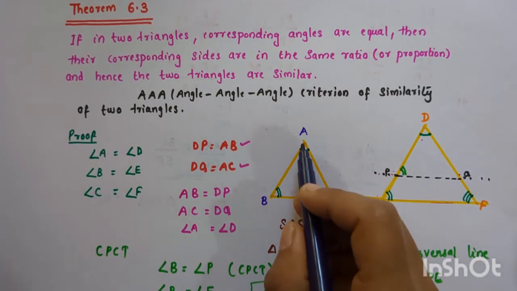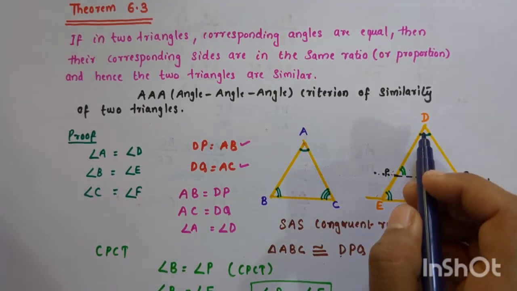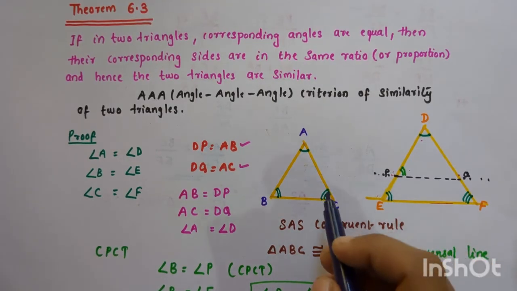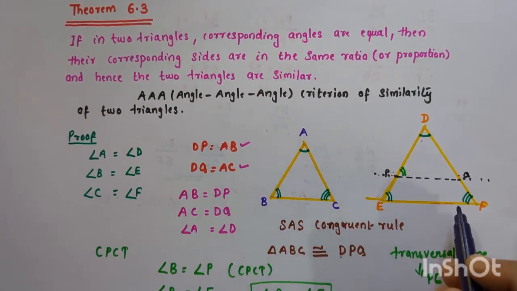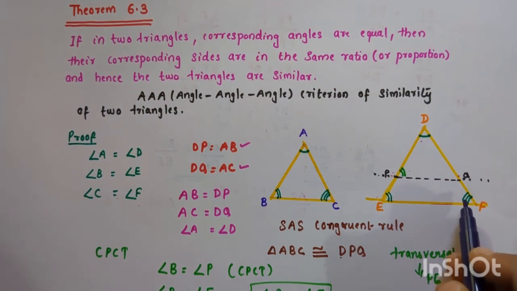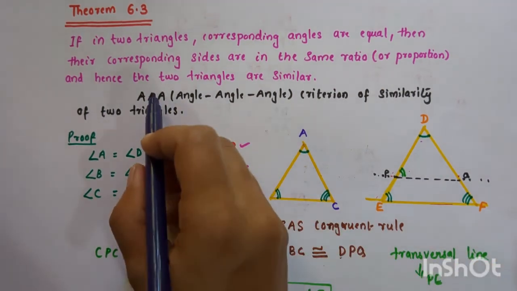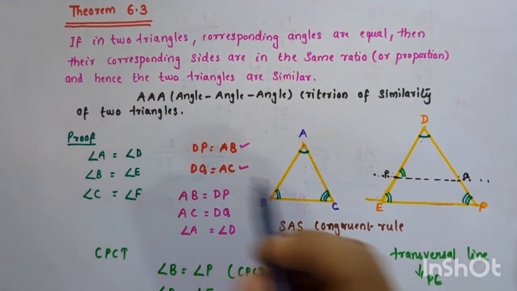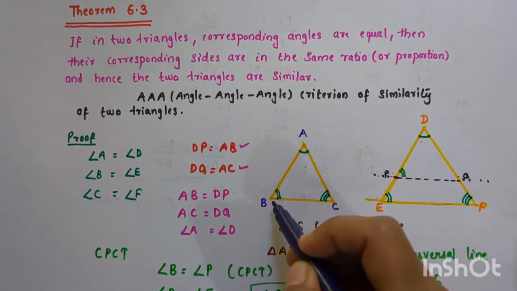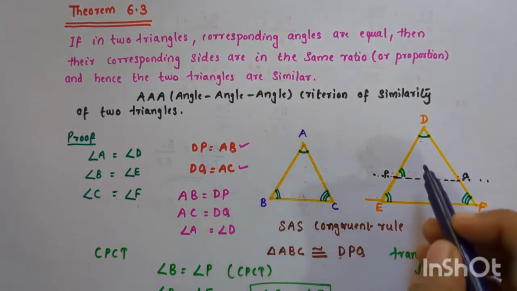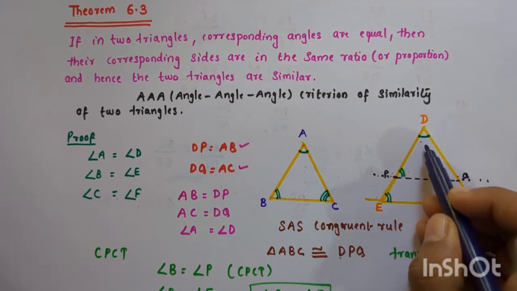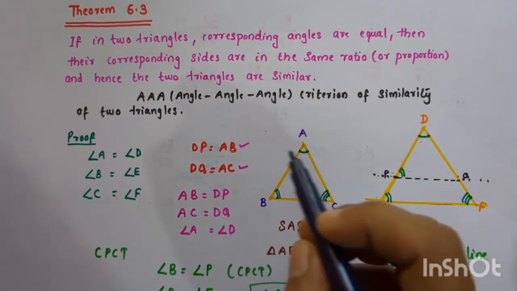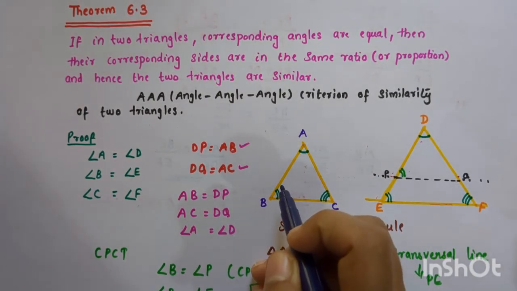That is, if angle A is equal to angle D and angle B is equal to angle E, then their third angles, angle C and angle F, will be equal. Therefore, the AAA similarity criterion can also be stated as: if two angles of one triangle are respectively equal to two angles of another triangle, then the two triangles are similar. That is what the AAA similarity criterion for two triangles states.